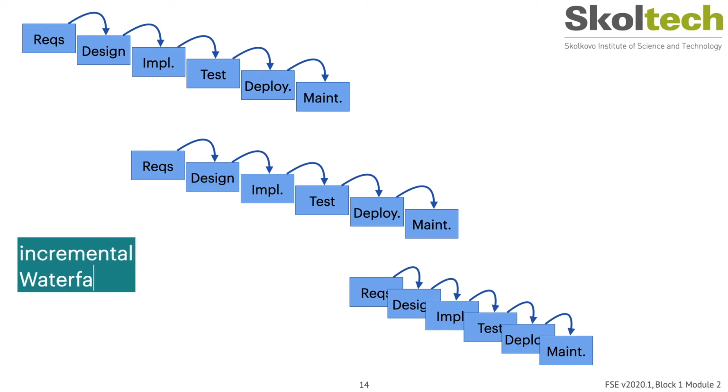So each cascade ends with the delivery of a usable application, and so each cascade works on a separate feature or a subset of features, and it's typically called the increment. For instance, increment 1 here is supposed to deliver version 1 of the application with a number of features. So as you can see, most of the stages that you do are still the same. So you basically more or less follow the same waterfall model.